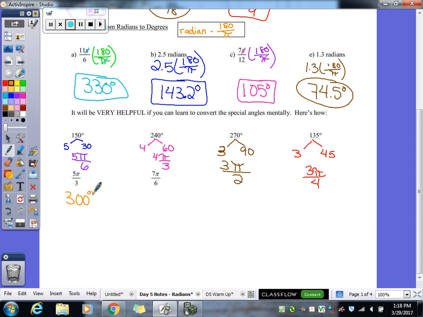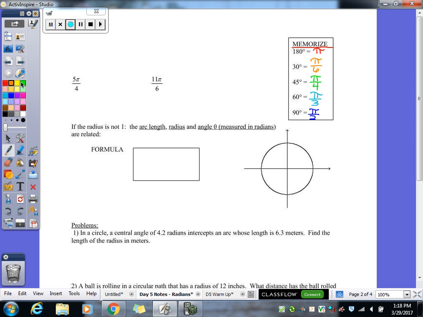For our next one, pi over 6 we said was 30. So then 30 times 7 would give us 210. I think it's a little easier going that way from radians to degrees. We got 2 more that fell on our next page.